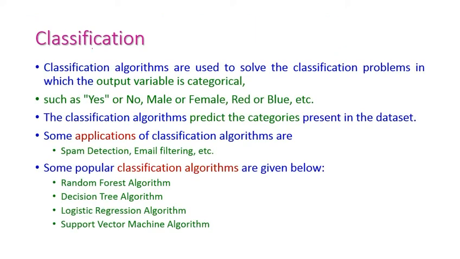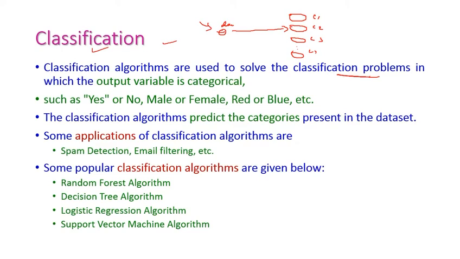The first type of supervised machine learning is classification, and these algorithms are used to solve classification problems. A classification problem means a defined set of classes are there, C1, C2, C3, C4, and the given data should fall into any one of the classes. Classifying the given data into one of the classes is called classification.